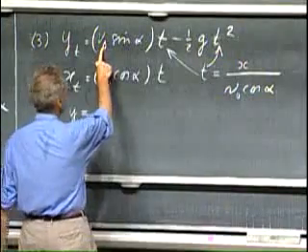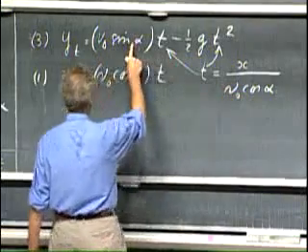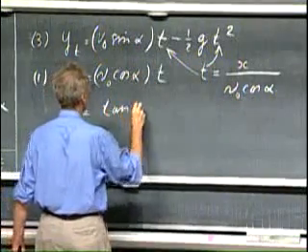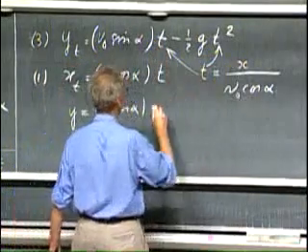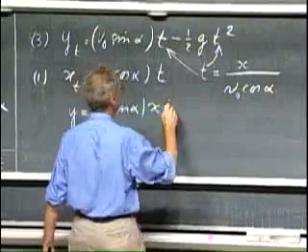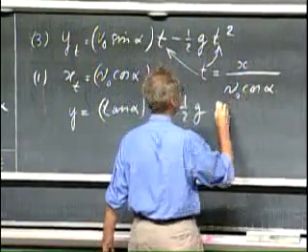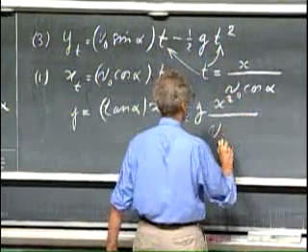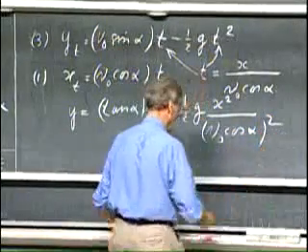There's a v0 here, and there's a v0 there. That cancels. There's a sine alpha here and a cosine alpha there. That makes it the tangent of alpha, times x. Then I get minus 1/2 g times x squared divided by v0 cosine alpha squared.